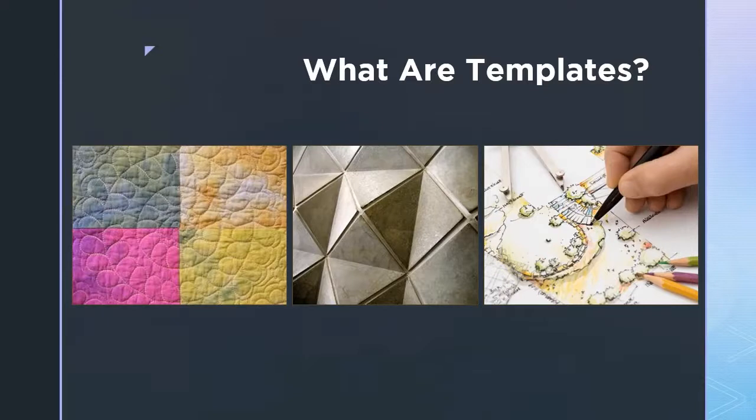So templates, patterns, blueprints, whatever you want to call them, they make your job so much easier. In Google Docs, a template already has the formatting for you. It even has some of the really important words that you may need to use within that particular document. And all you need to do is customize and finish that document so that it's what you need.